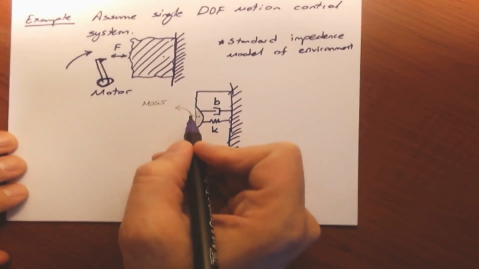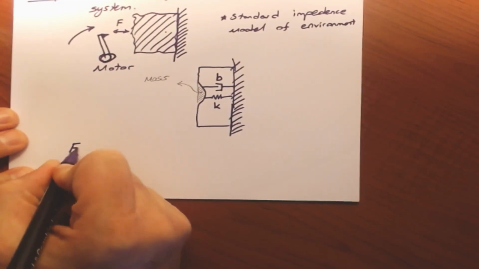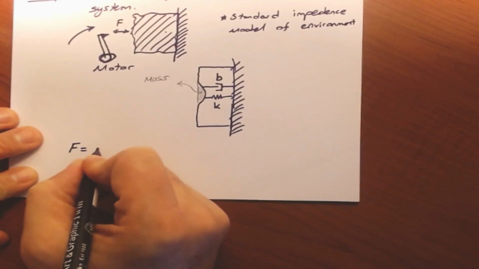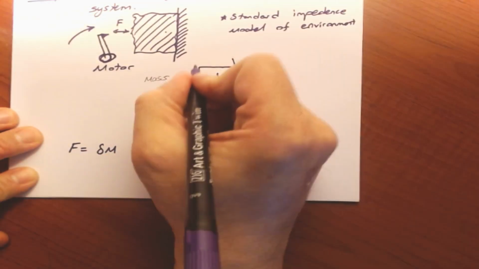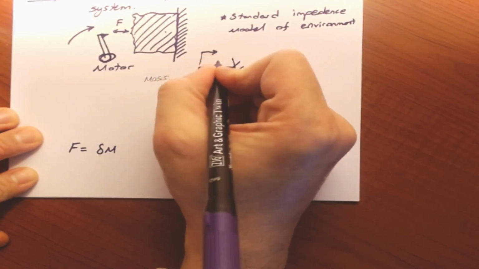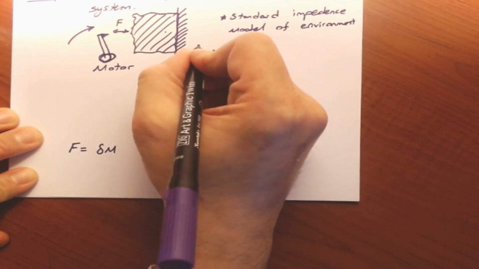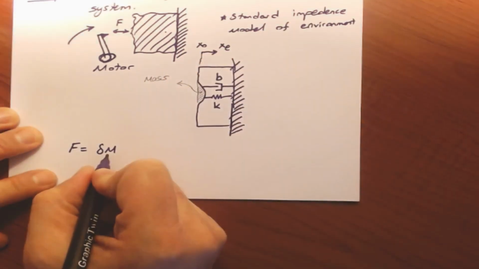The resultant force can be given as delta M times x environment minus x naught, double dot, plus B times x environment minus x naught, dot, plus K times x environment minus x naught. Let me mark this point as x naught, and this is your x environment.